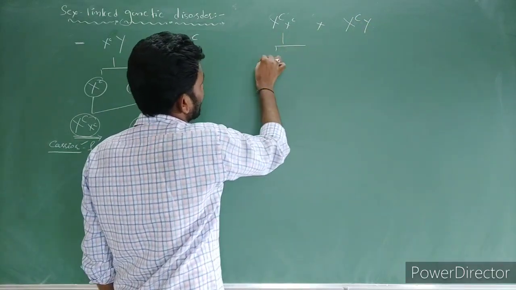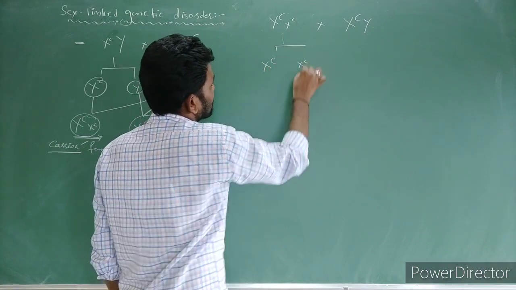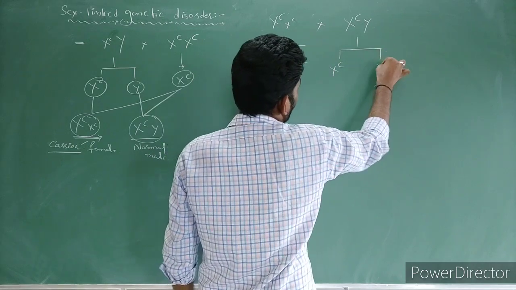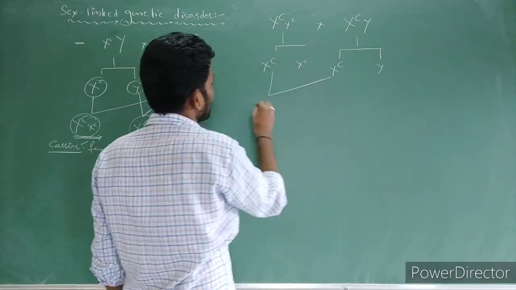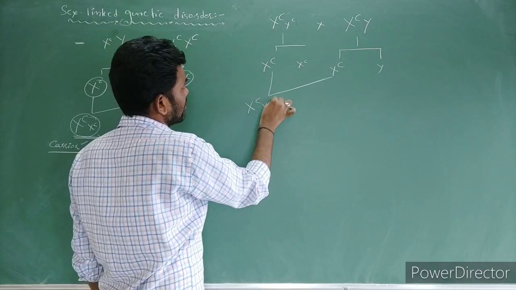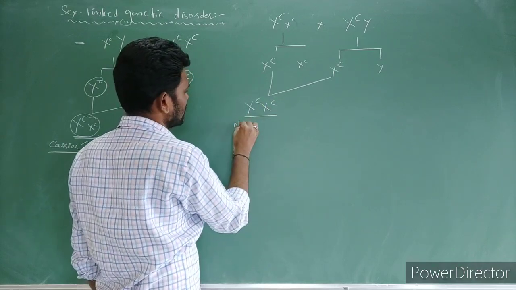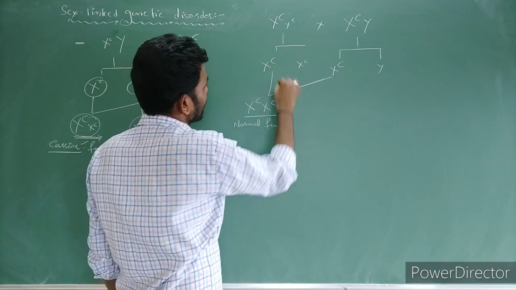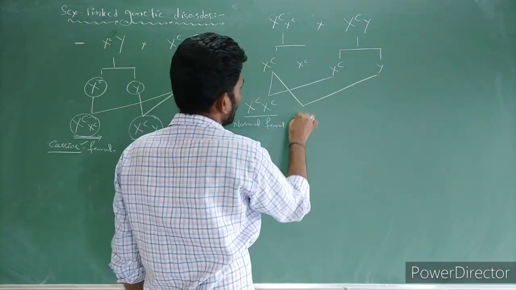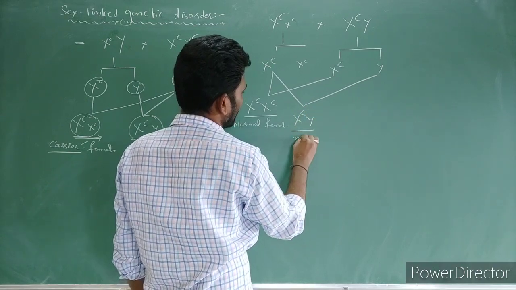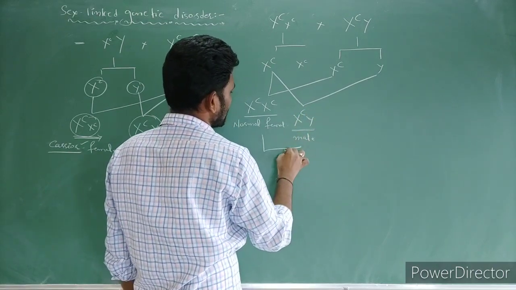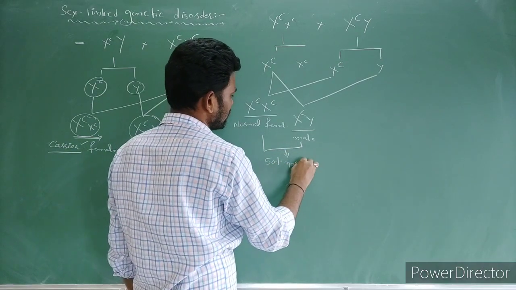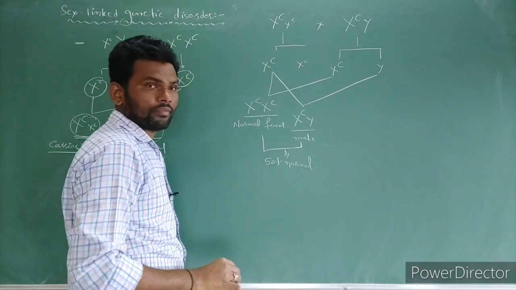Again, gametes from here, capital C, small c, here also capital C and Y. The gamete capital C, it is normal female, normal male. It means 50% of individuals are normal.